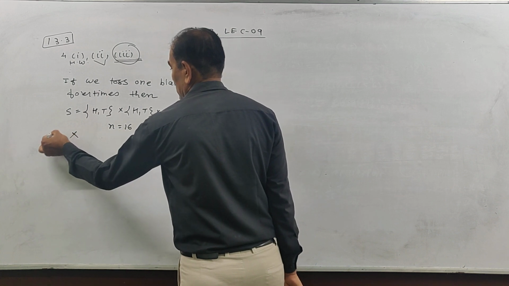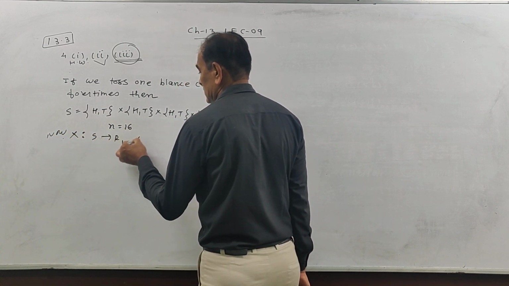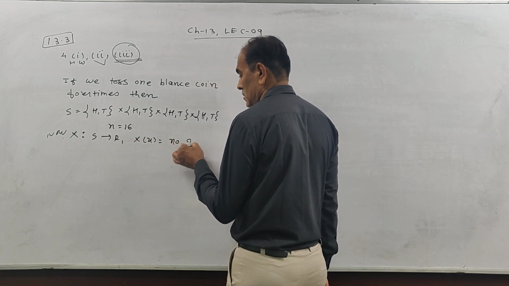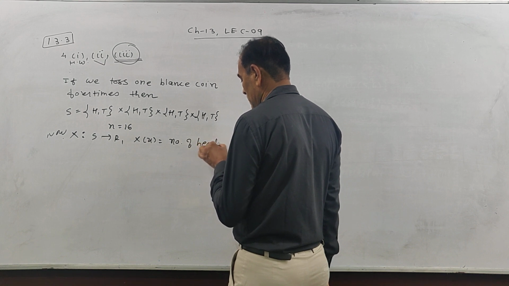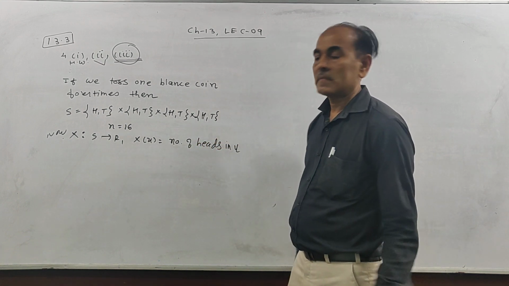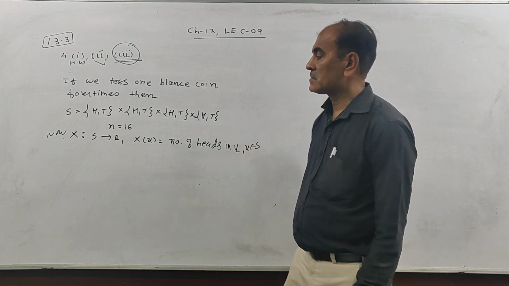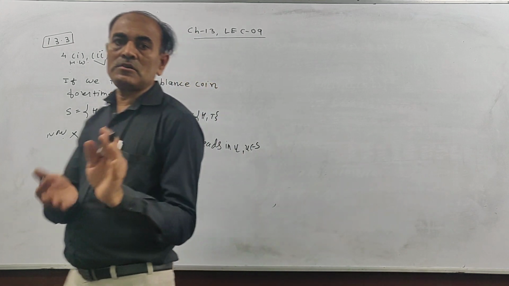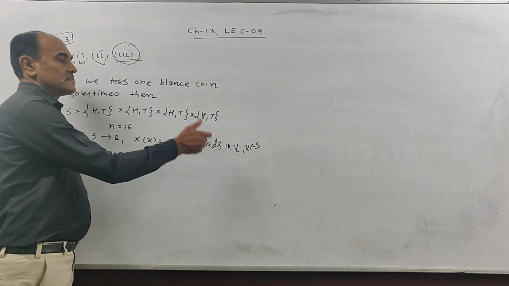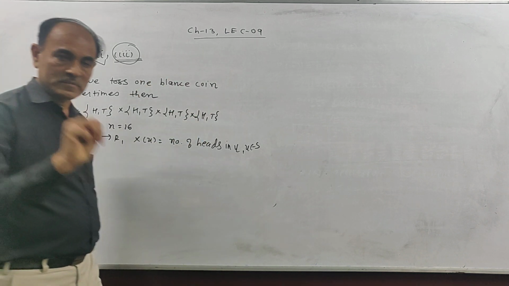Now, random variable X from S is defined as X of u is equal to number of heads in u, where u belongs to S. We want the probability distribution of number of heads when one balanced coin is tossed 4 times.